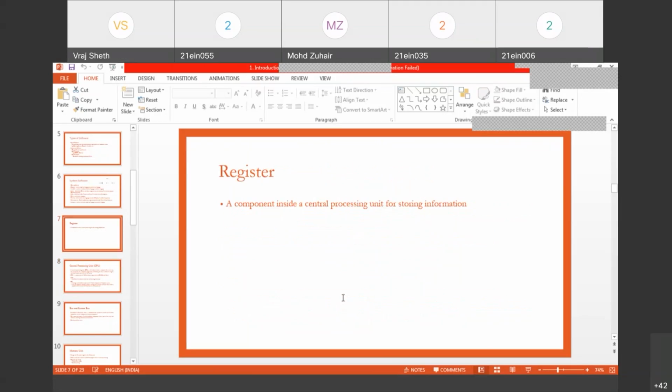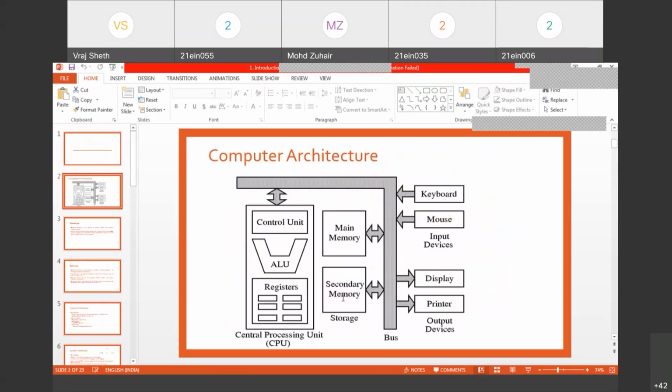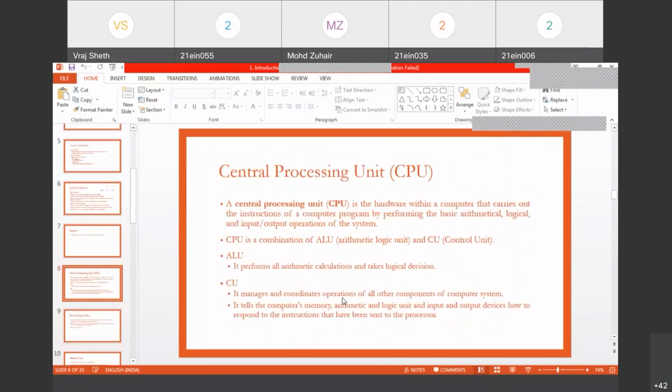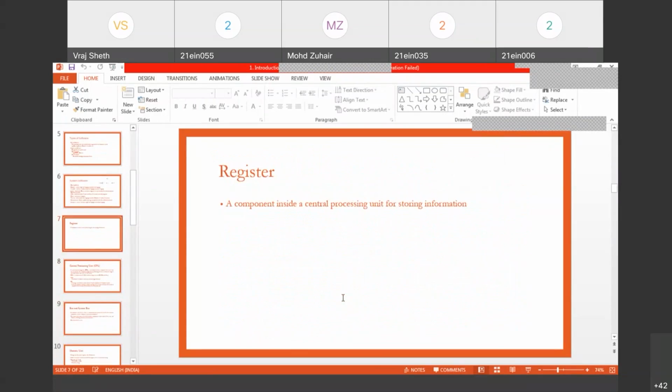So as we have seen here, we have registers in CPU that store temporary results or output of the results. So it is a component inside the central processing unit for storing information.